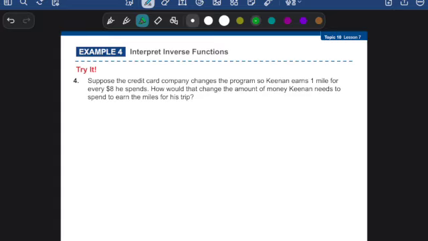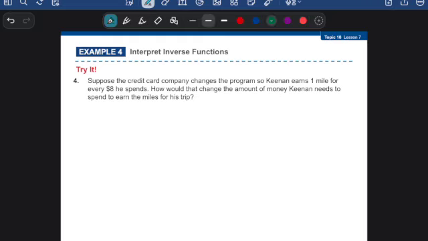Okay, let's try it. Suppose the credit card company changes the program and says that he earns 1 mile for every $8 he spends. How would that change the amount of money that he needs to spend to earn the miles for his trip?